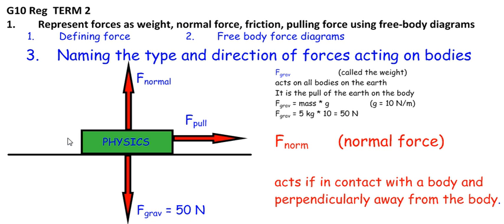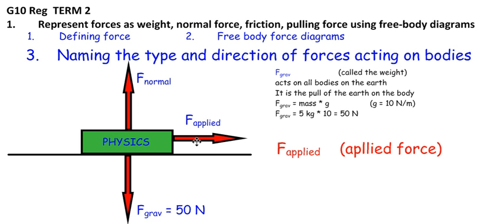Or we normally just call it an F applied. It's an applied force. Whether it's a push or a pull, it's called an applied force. So we normally just label it with an arrow and say that it's F applied, independently of whether it was a pull or a push. So an applied force is a force that is acted on a body, and it's simply labeled F applied. It has an arrow to show the direction and the size.